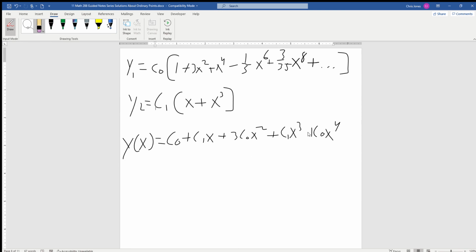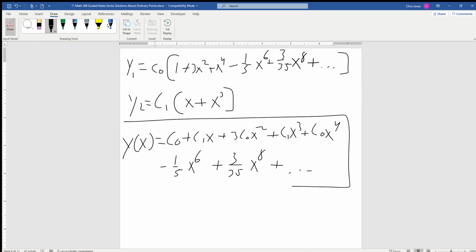Notice what I'm doing is I'm just putting these in ascending order of the x's. We don't have an x to the 5th, so we could just say minus 1/5 x to the 6th plus 3 over 35 x to the 8th plus dot, dot, dot. And this could be our final solution.